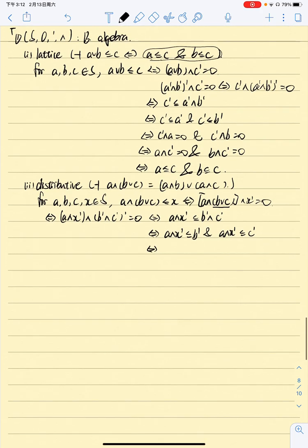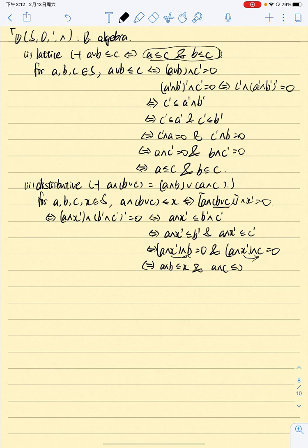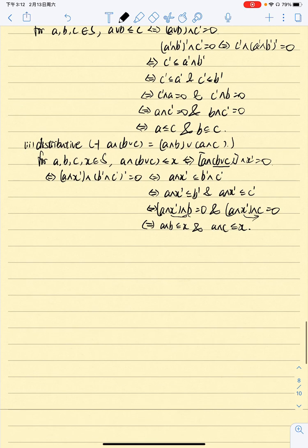Okay, this means A and X prime and B is 0, and A and X prime and C is 0. And also we change the situation. So we can get A and B smaller than X and A and C smaller than X. So we complete this proving.